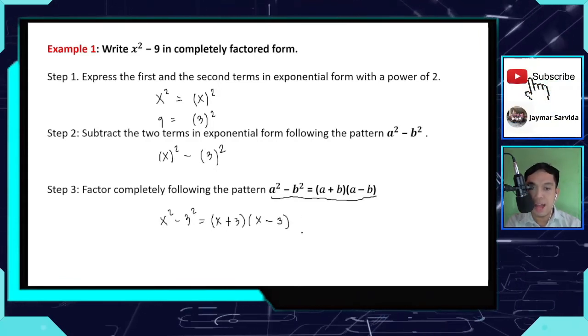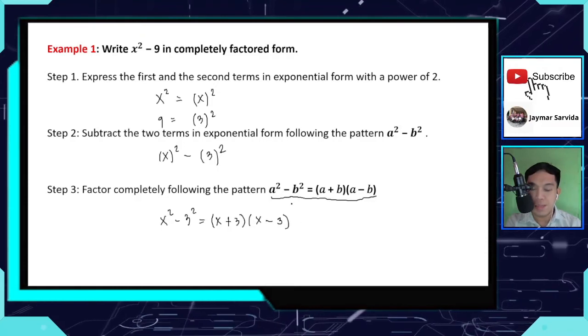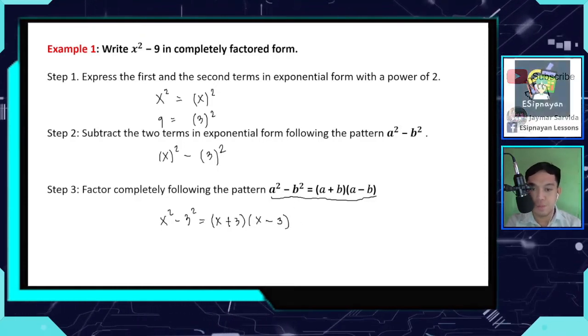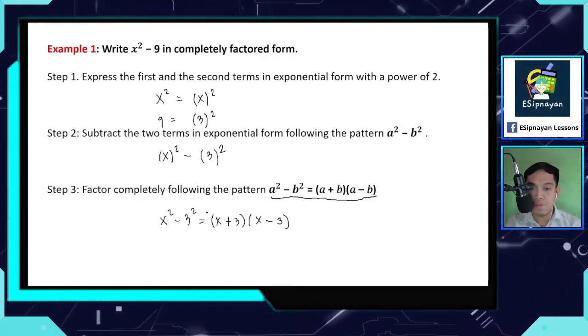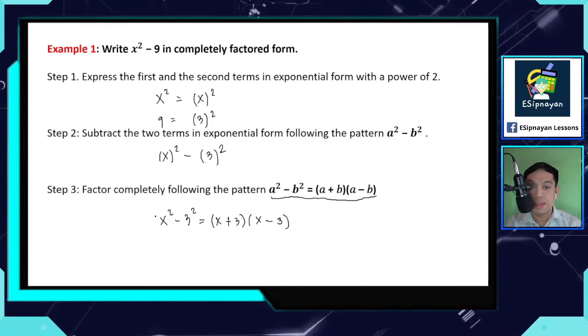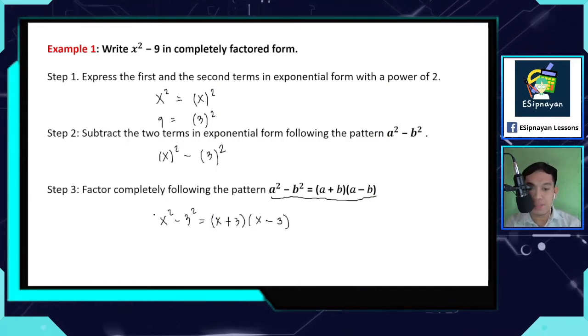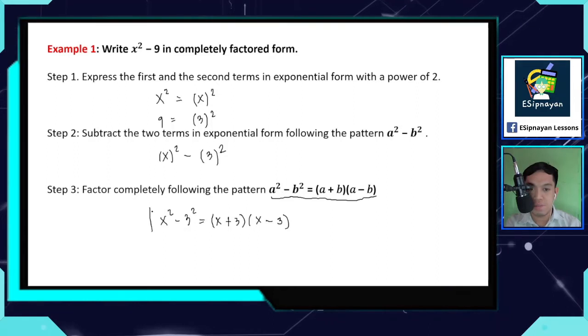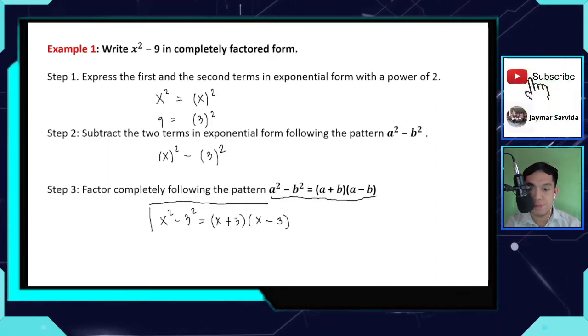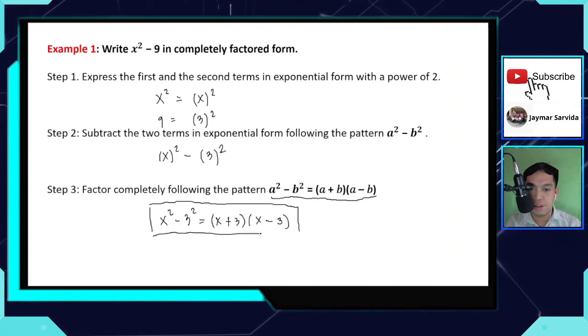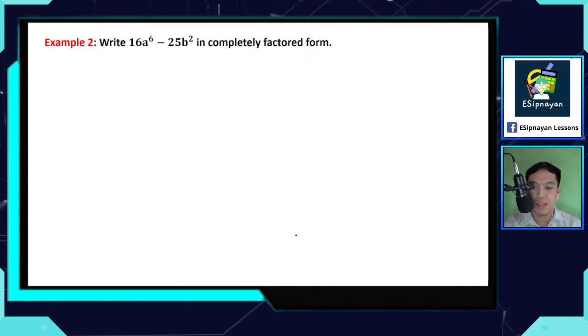So ito na ang kaniyang complete factored form: the quantity of x plus 3 times the quantity of x minus 3. I hope na gets ninyo yung ating example number 1. Madali lang.